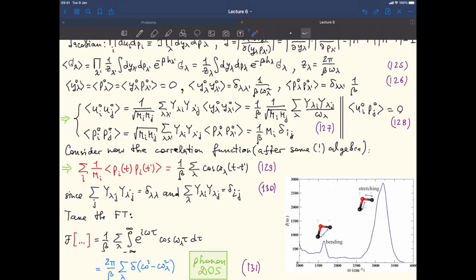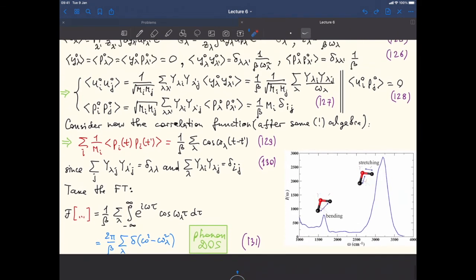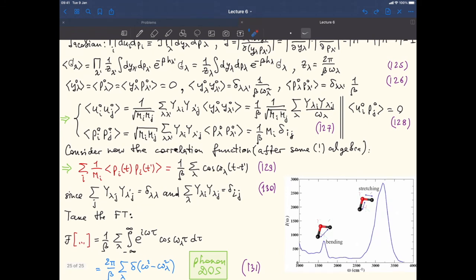Next, what we shall do is to take the Fourier transform of that expression. So we expect that correlation functions like these ones, while the system reaches equilibrium, would depend only on the time difference, and therefore we should be able to take the Fourier transform of both sides. If we take the Fourier transform of the left-hand side, this would be just the Fourier transform of the velocity, momentum autocorrelation function with this prefactor of the mass here.